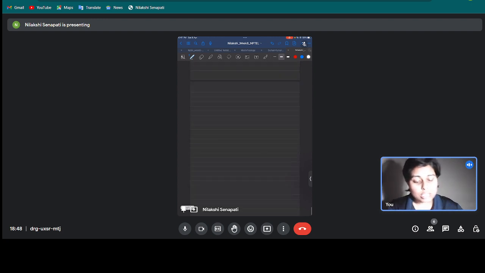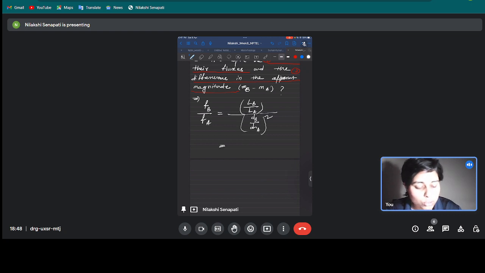Because we know the relation between flux and luminosity. We know that the flux is proportional to luminosity divided by the distance square, 4 pi d square. It is F is equal to L by 4 pi d square. So the two variables are luminosity and the distance.